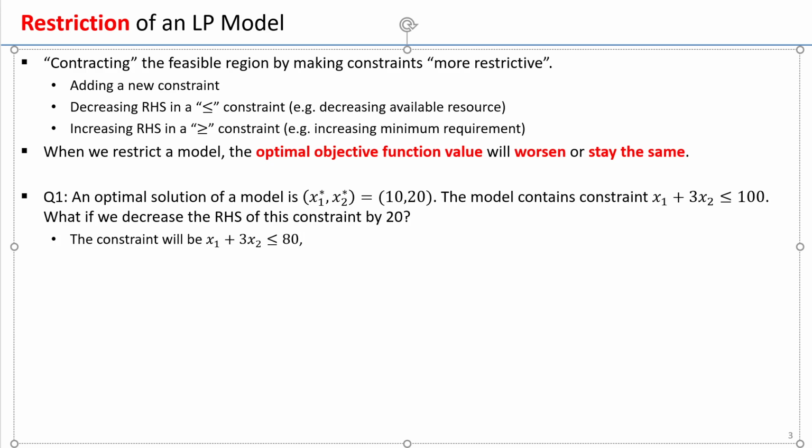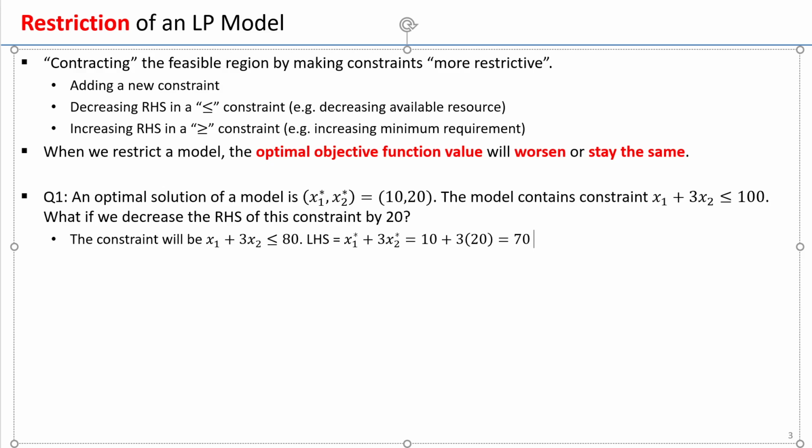So let's check, what do we need to check? Well, we need to check if the old optimal solution, this 10, 20, actually satisfies this constraint. So the question is, if we plug into the left-hand side the optimal solution, x1 star plus 3 x2 star, we get 10 plus 3 times 20, which is 70.